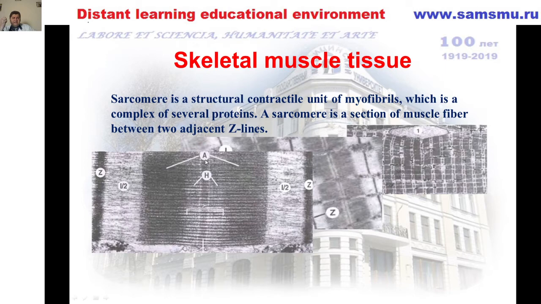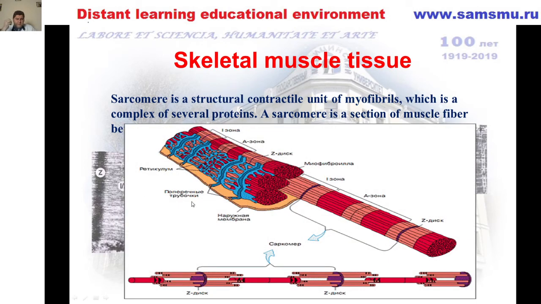Here you may see zones A, H, and I. And what can we say about these zones? You may see two Z discs and one sarcomere between two neighbor Z discs, and also you can see myosin protein and actin proteins. So myosin protein is in red and actin proteins are in pink color.